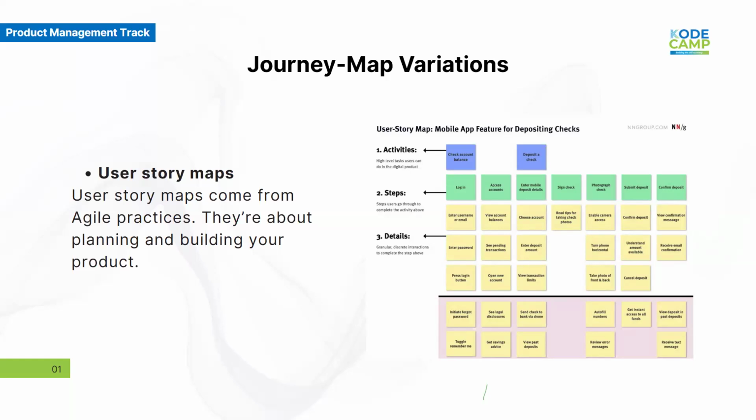So basically, the journey map showed us the problem. The user story map helps us build the solution in steps, right? The journey map shows us the problem, while the user story map helps us build the solutions in steps.